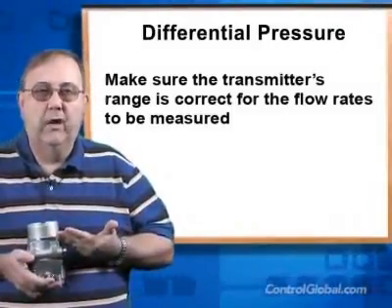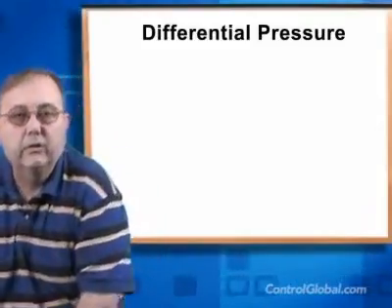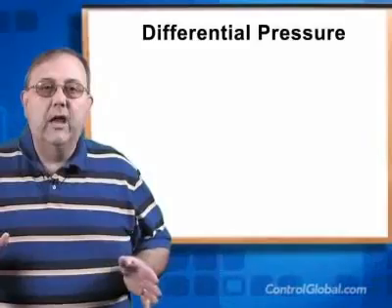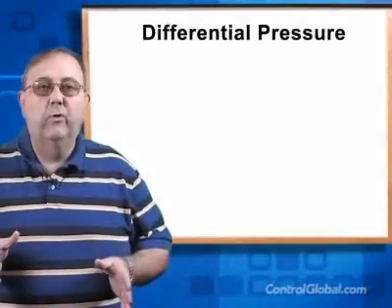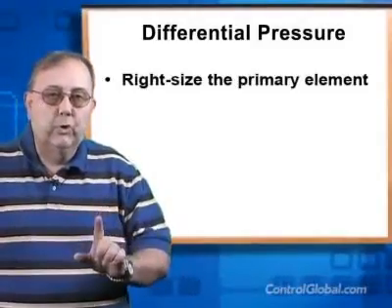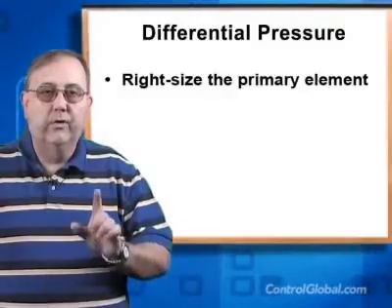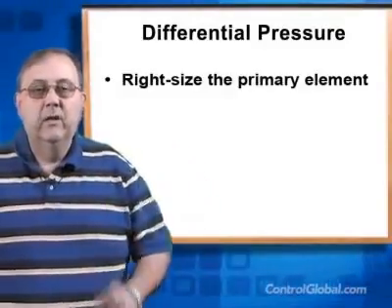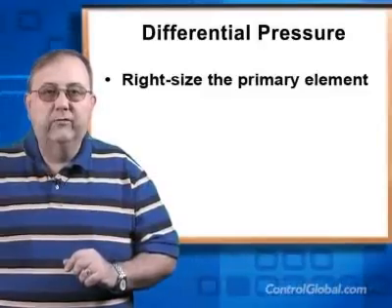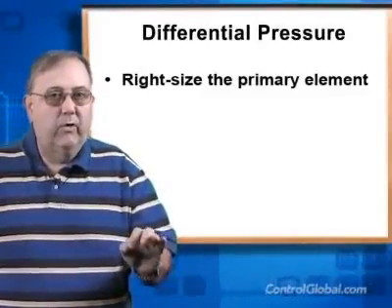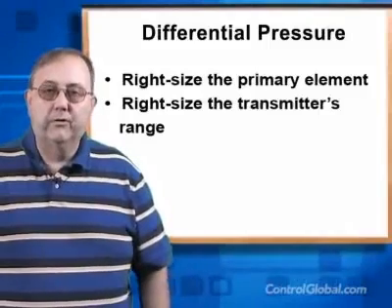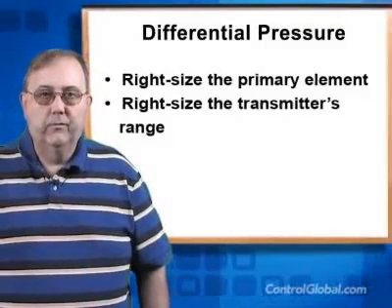Fluid characteristics play a huge role in determining the accuracy of a differential pressure flow meter installation. Be sure that the flow rate of the fluid is within the accurate flow range of the flow element. Do not oversize or undersize flow elements, even if you expect more flow in later years. And make sure that the transmitter is properly ranged too.